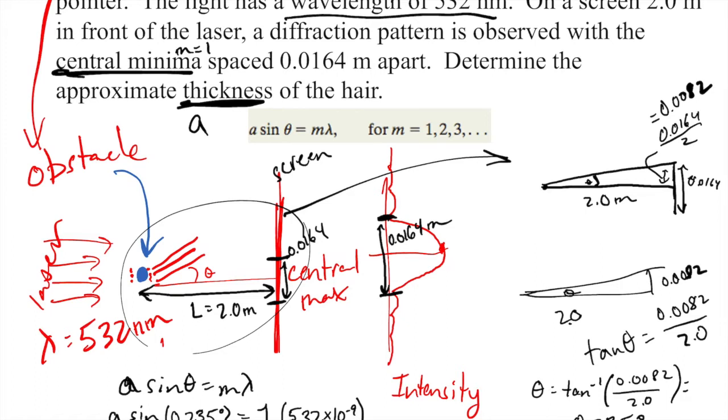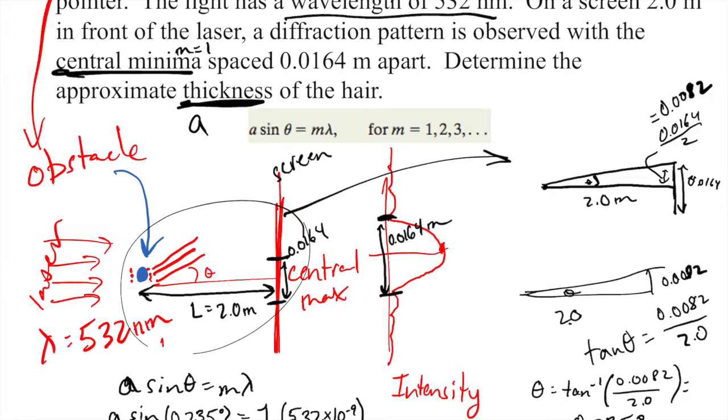And so that means a is going to be 532 times 10 to the minus 9 divided by sine of 0.235 degrees. All right, let's plug that into the calculator.